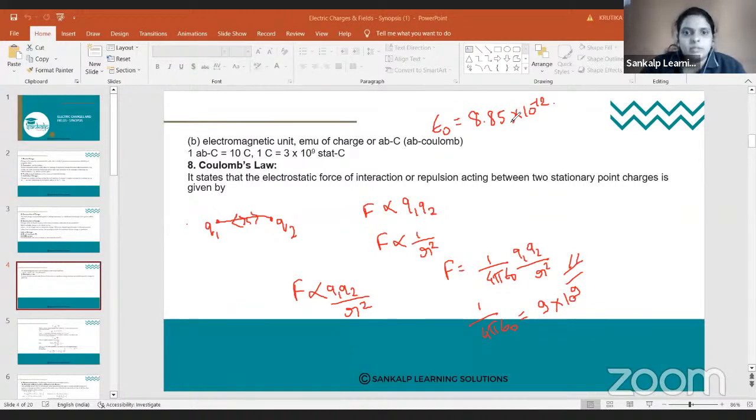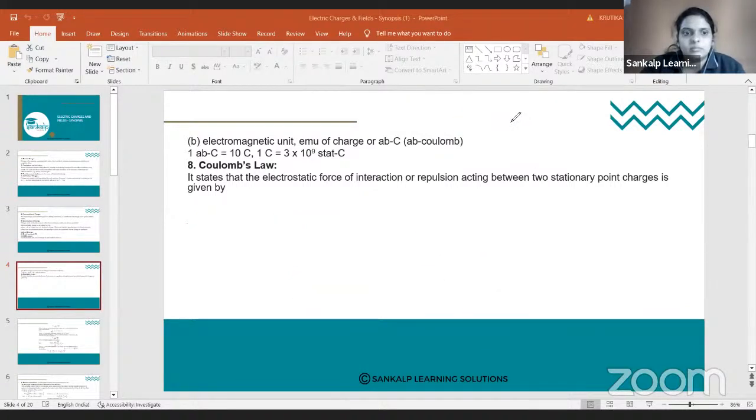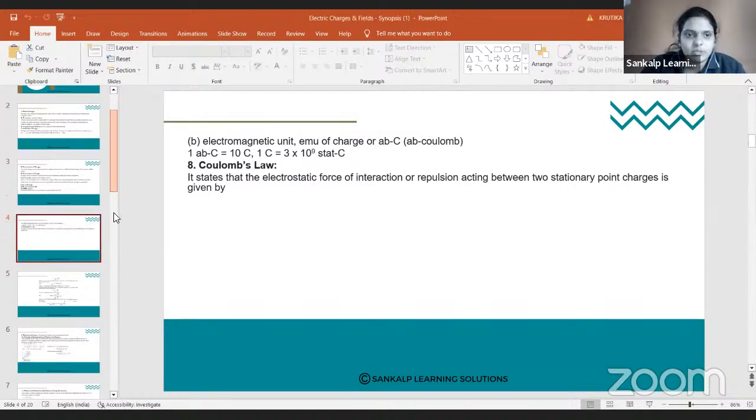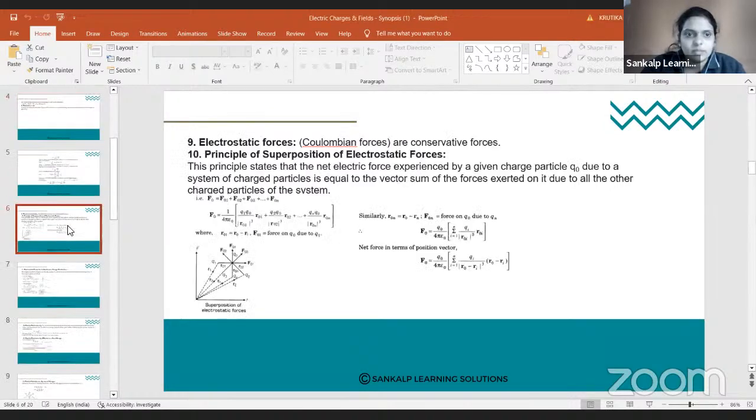So the next one. Next we will discuss the principle of superposition for the electric force. In the principle of superposition, here one charge is surrounded by a number of charges.